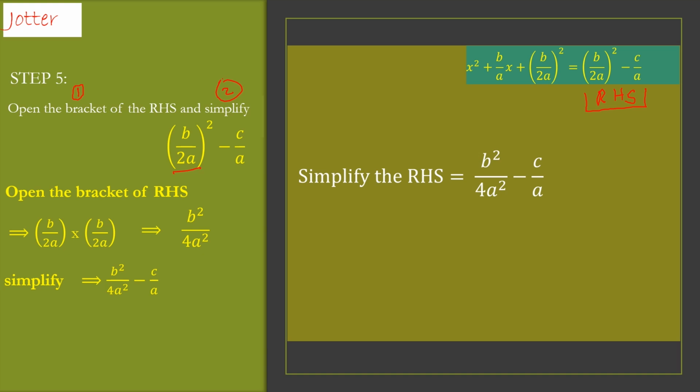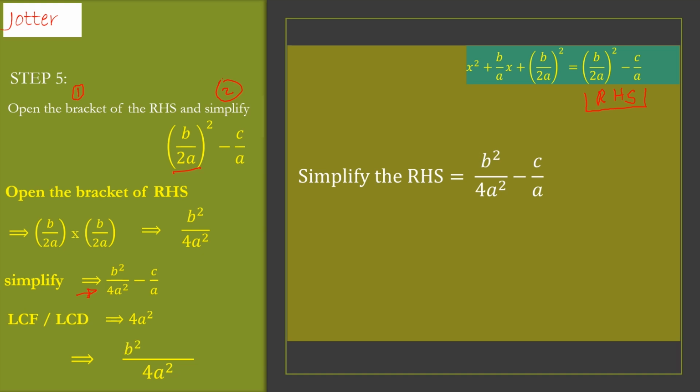So we simplify b squared over 4a squared minus c over a. Here we need to find the least common denominator to be able to simplify, and the least common denominator here will be 4a squared. So 1 times b squared will give us b squared.